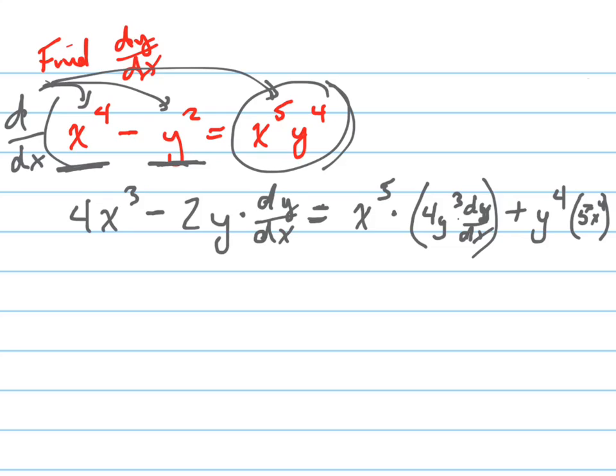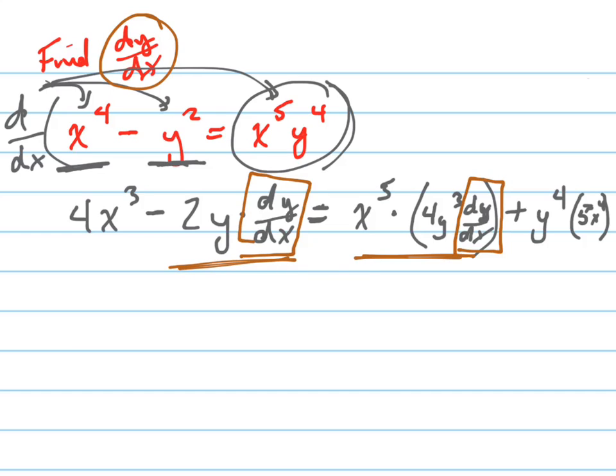All right, now that I've done that, I need to clean this up, and remember, I'm trying to find dy/dx, so I need to pretend like this is some new variable like u or something. To do that, I'm going to have to move things around, moving these terms to the same side and these terms to the same side.